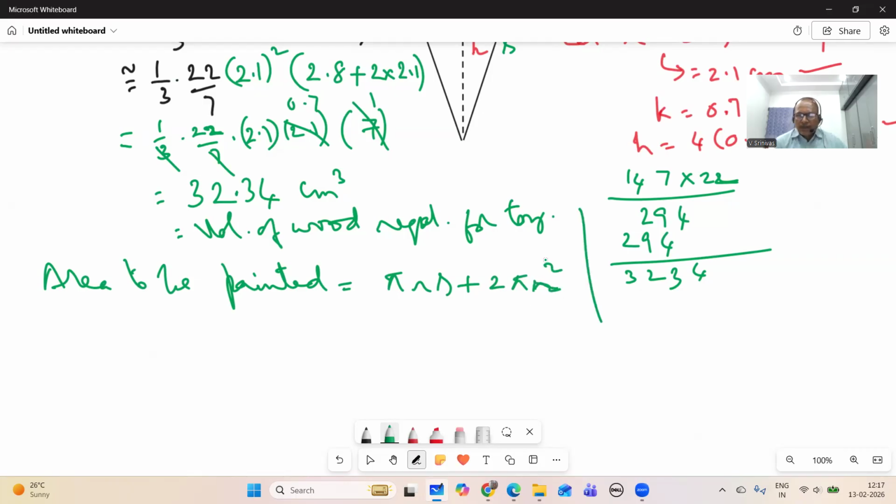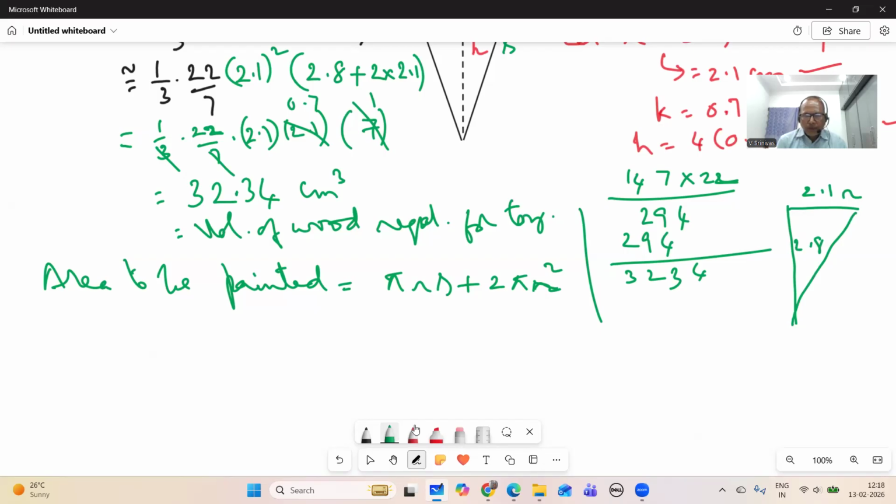Because for the hemisphere, curved surface area is 2 pi r square, and for the cone, lateral surface area, curved surface area is pi rs. We need s. We have 2.1 as r. Height is 2.8.